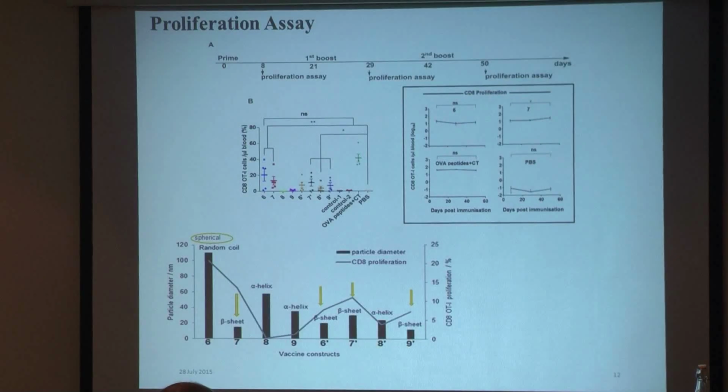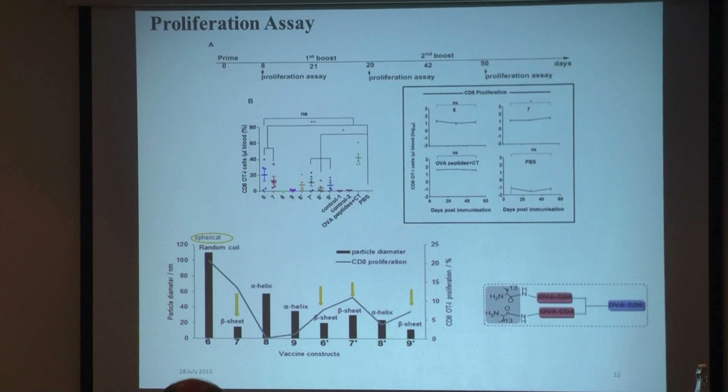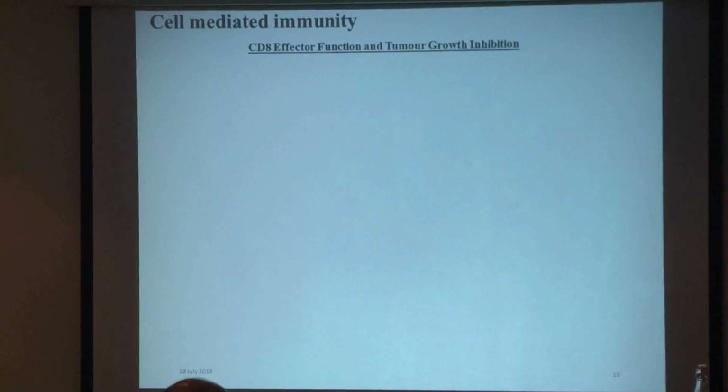So to relate these data with physicochemical properties, I came up with a graph, and this shows that construct 6, which has a spherical shape, and constructs with beta sheet secondary structures had a higher proliferation of CD8. But considering the kinetics of proliferation, construct 7 stands out among the other constructs.